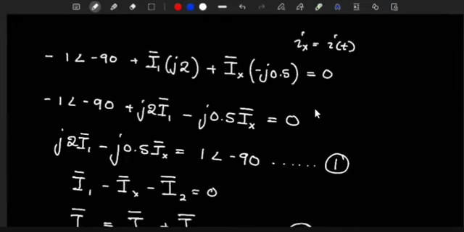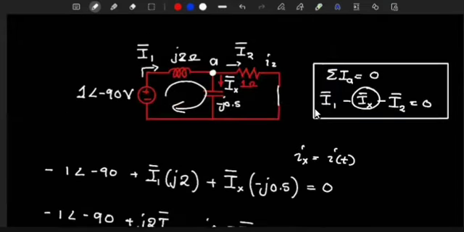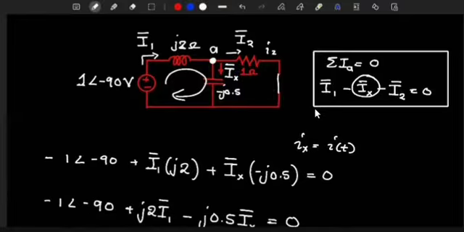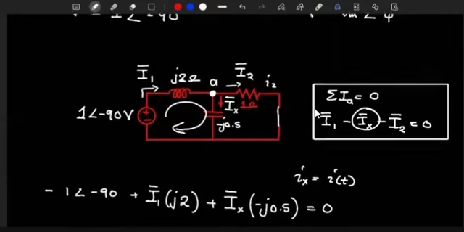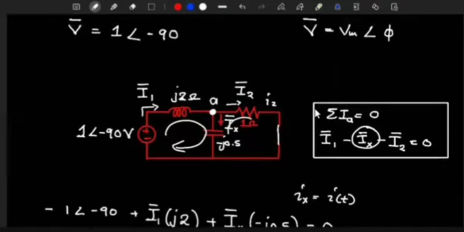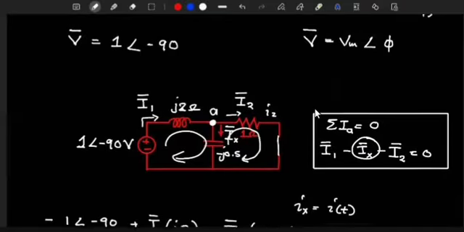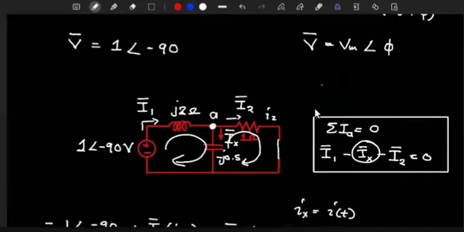So now we can go to the second loop. When we go to the second loop, which is here, what do we have? For that loop, the sum of everything there also has to be equal to 0. So when looping there, observe that now we're going the other way. We're going against the flow of current there.